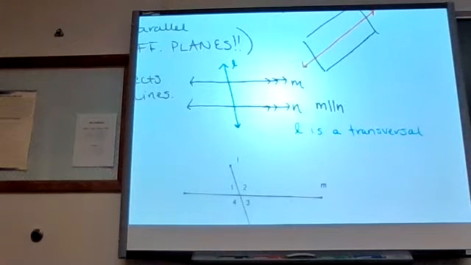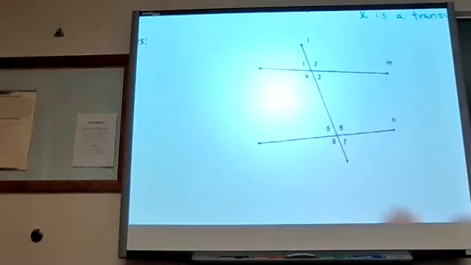Now, when two lines are cut by a transversal, it creates all sorts of angle relationships. These angle relationships are true even if it's not two parallel lines. We're going to focus on parallel lines, but we still can have these angle relationships even if the lines aren't parallel. You'll notice in the diagram here, these two lines, they're really line segments.